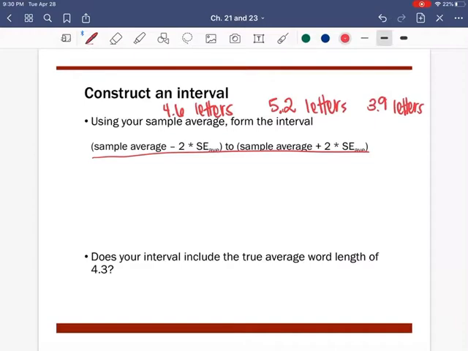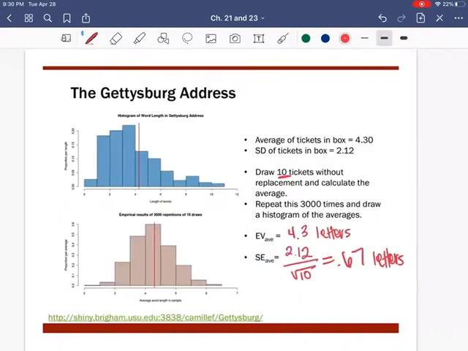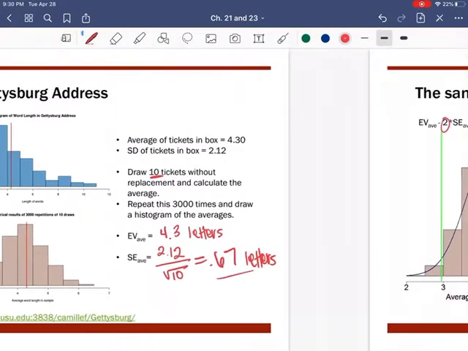The sample average, I guess I don't want all 3 of them, huh? Let's just go with this one. 4.6, give or take 2 times the standard error.